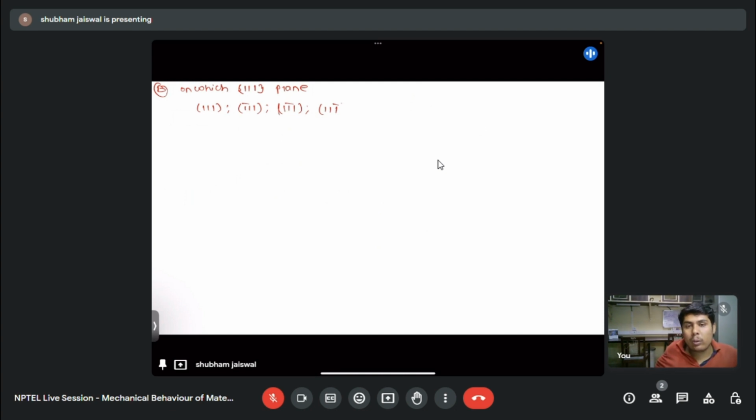So if this dislocation needs to lie on the 111 plane, then 110 dot xyz should be 0, and the second, that is 211 bar dot xyz equal to 0. Similarly, 121 dot xyz equal to 0. Now put these 4 planes in place of xyz and find out for which case it is coming 0.